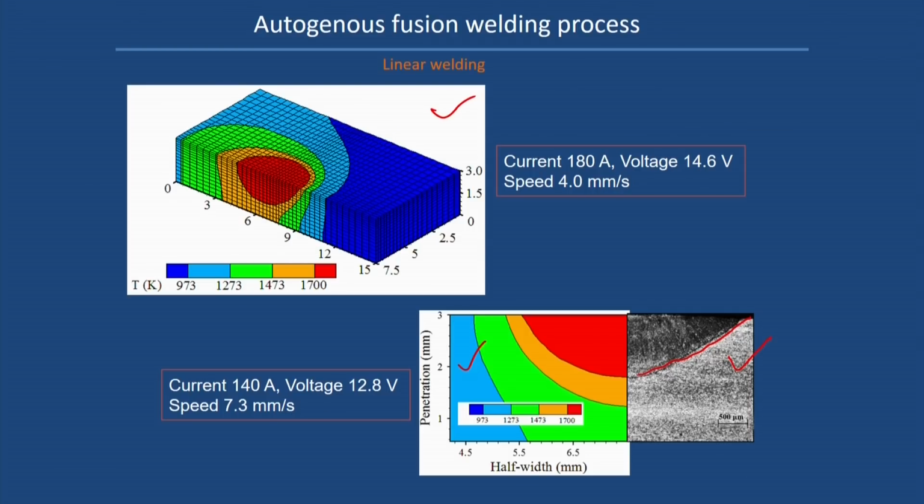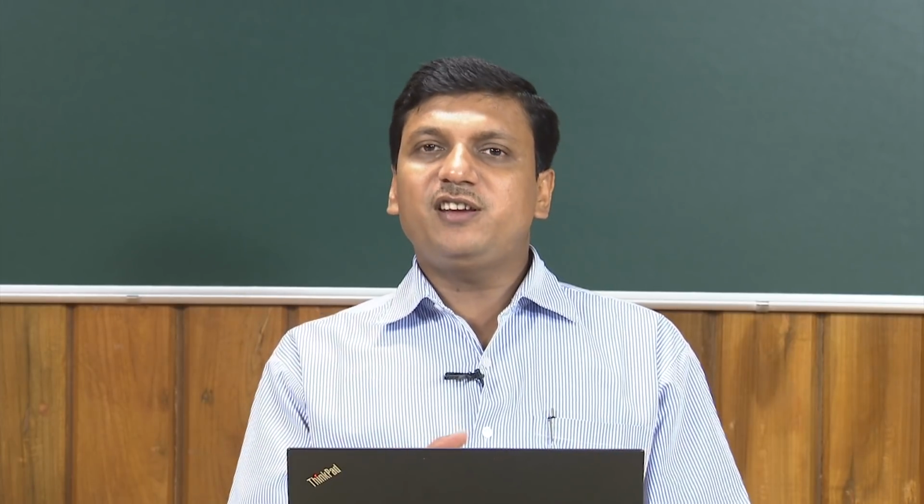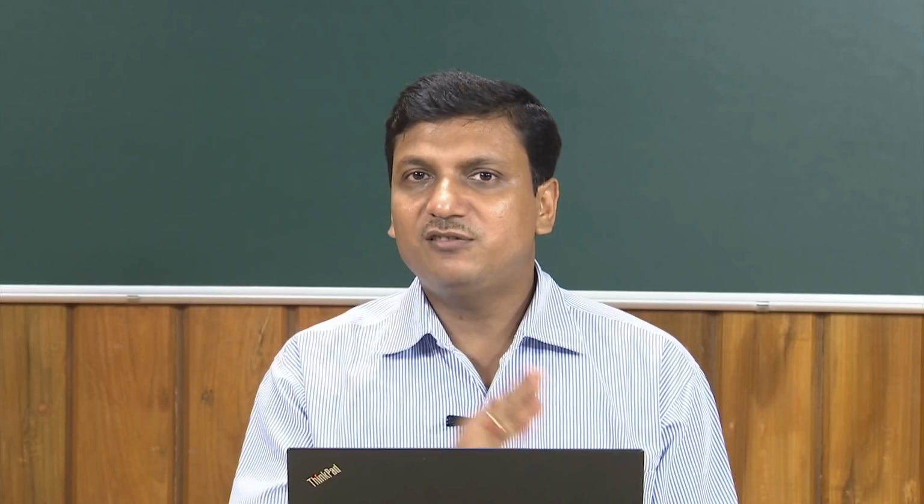We can represent the similar kind of phenomena that we generally observe during the welding process. By solving only the temperature distribution, we can define the temperature distribution with respect to time or over space, and the temperature contours also define the different zones in the weld pool, weld zone. The same phenomenon appears when you do the experiment.